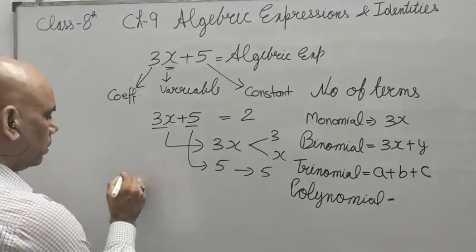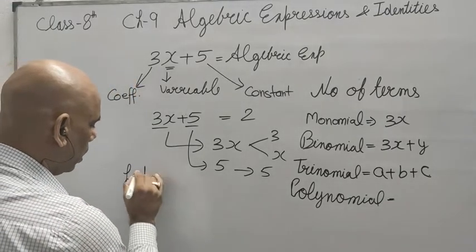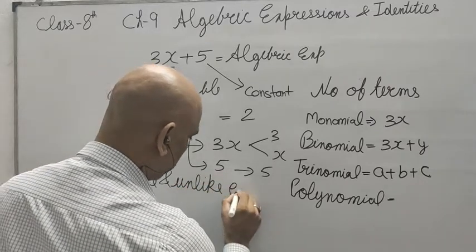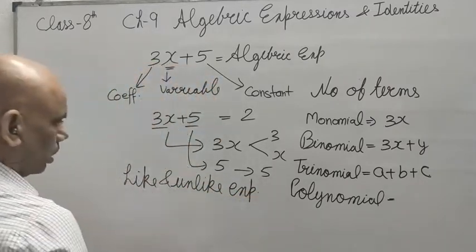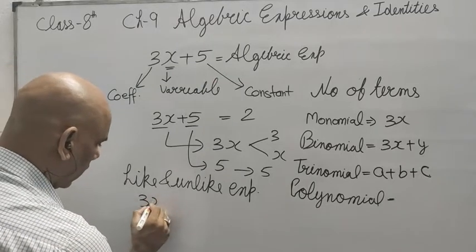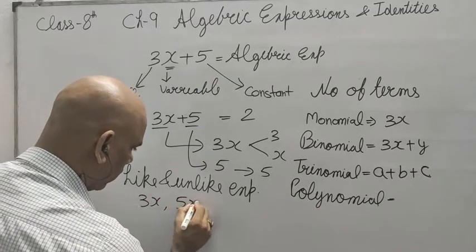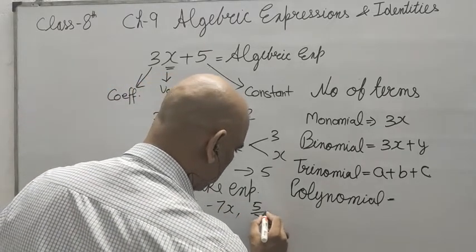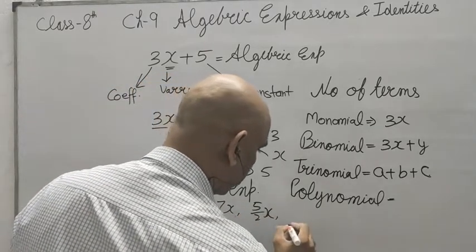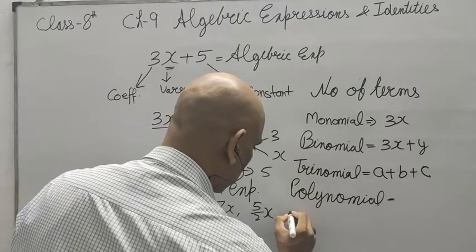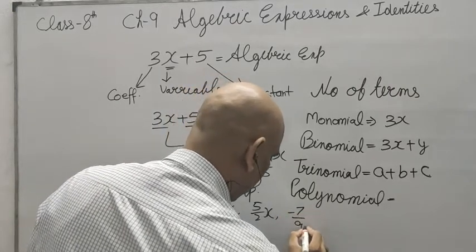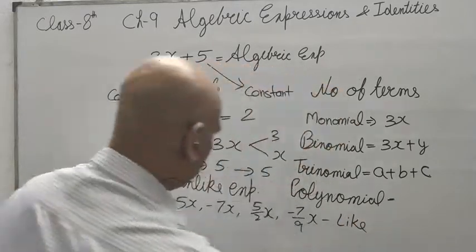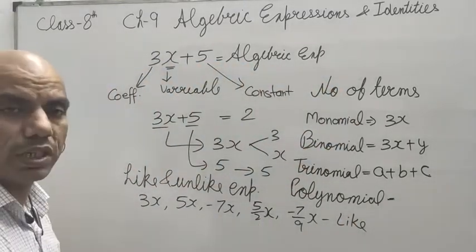Then we know about like and unlike expressions. For example, 3x, 5x, minus 7x, 5 by 2x, and minus 7 by 9x. All these are like, because the variable used is the same.